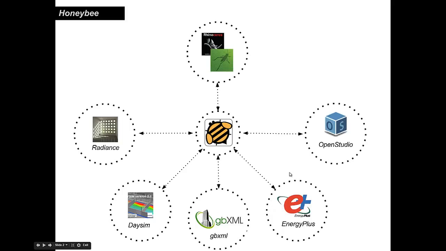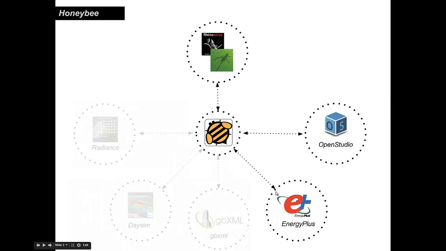But the focus of this series is going to be on the connection between Rhino Grasshopper and these two, which are EnergyPlus and OpenStudio. And these are projects funded by the Department of Energy that are open source, very good ways of fully energy modeling buildings.